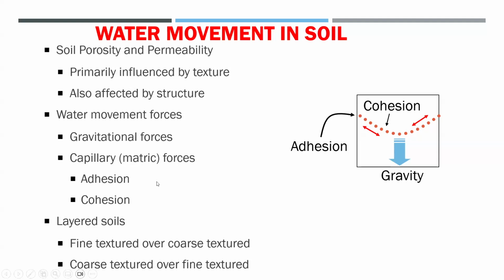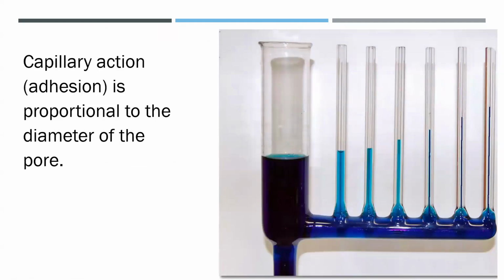So what does that mean for us? Layered soils, fine texture over coarse, or coarse over fine textured, can cause us some issues when we're moving water through. We talked about capillary action, where smaller pores pull water up.